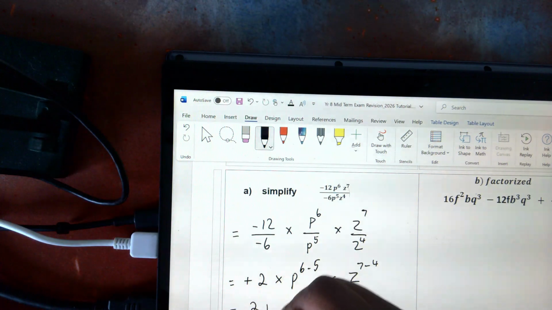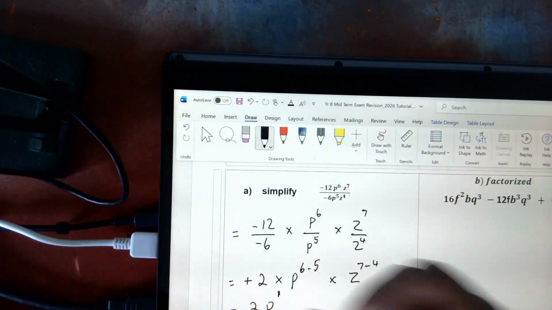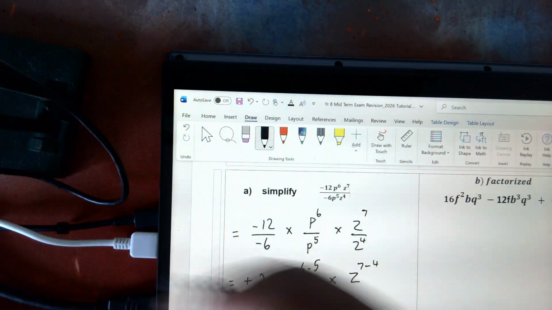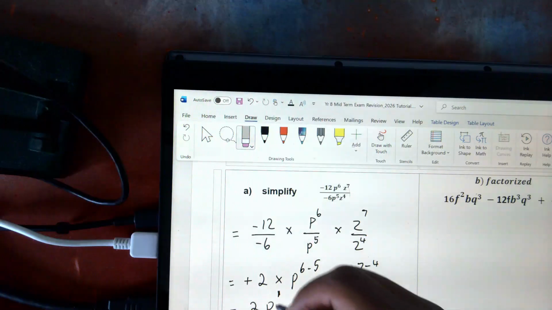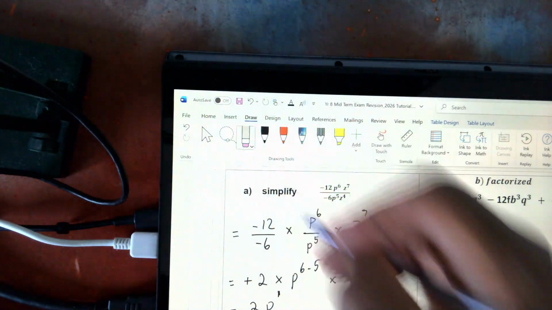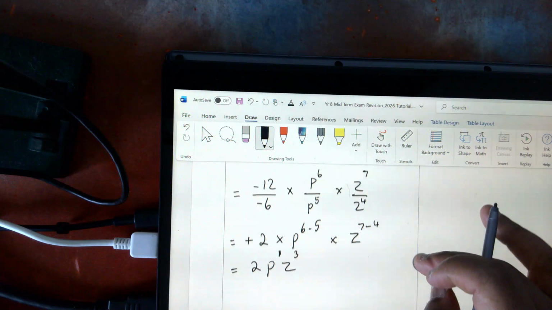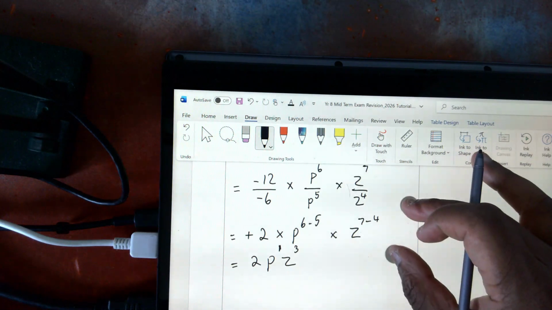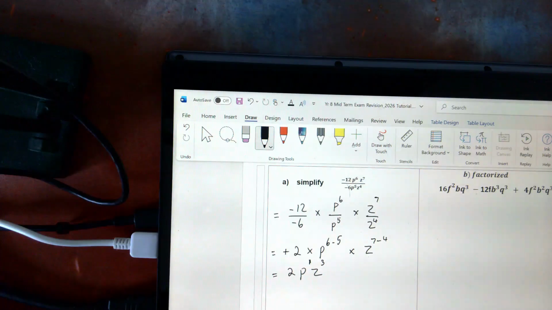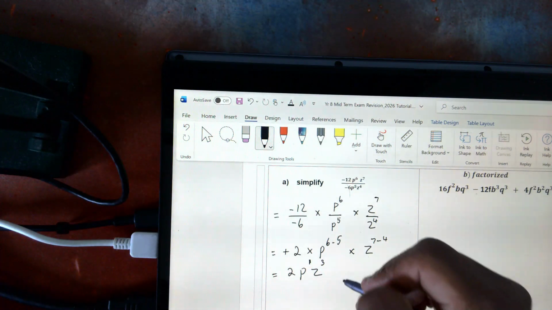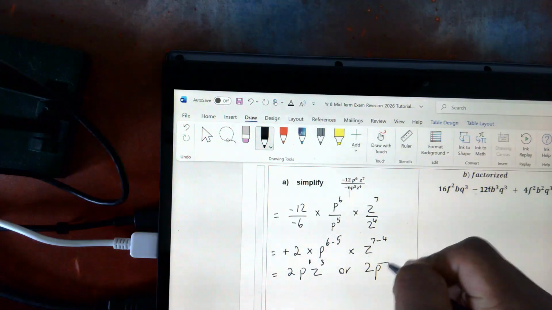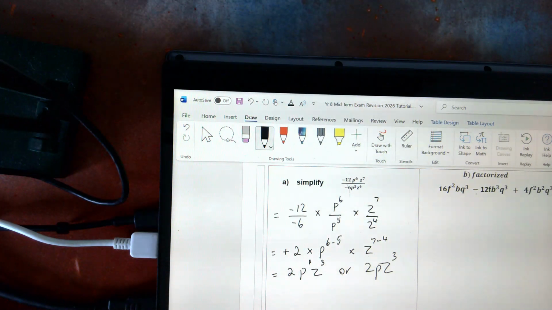And if we simplify that, we have 2P to the 1, sorry, or just 2P by itself, multiplied by Z cubed. So just 2PZ cubed. That's a bit big.